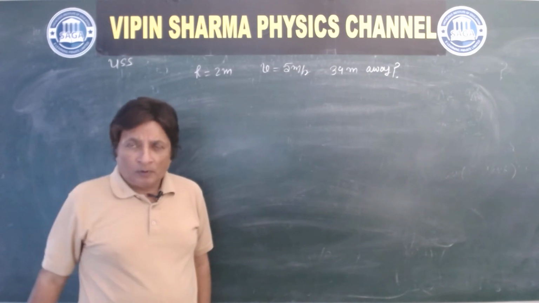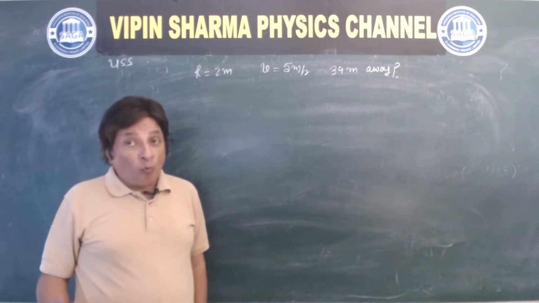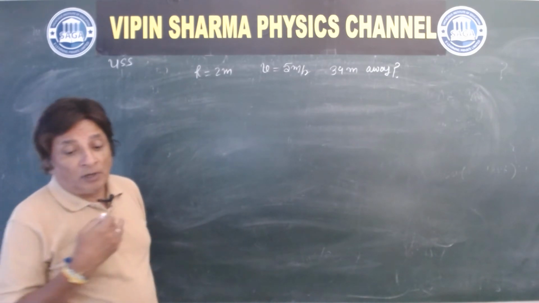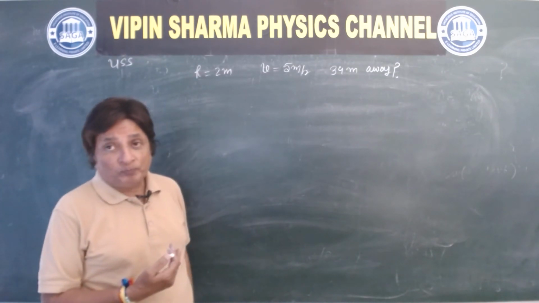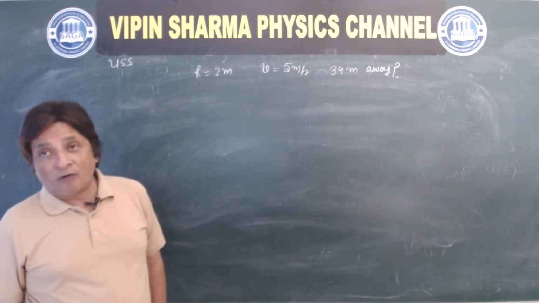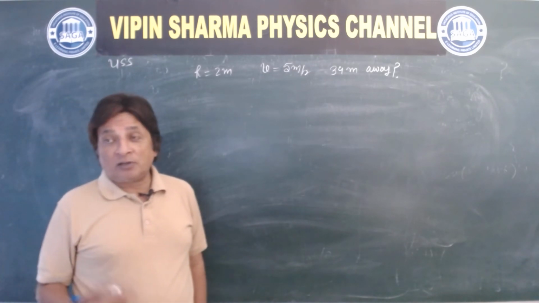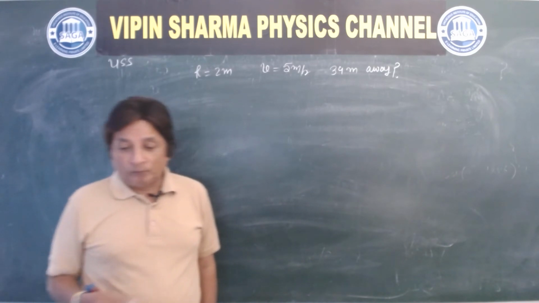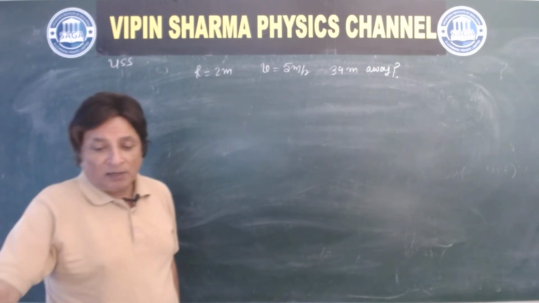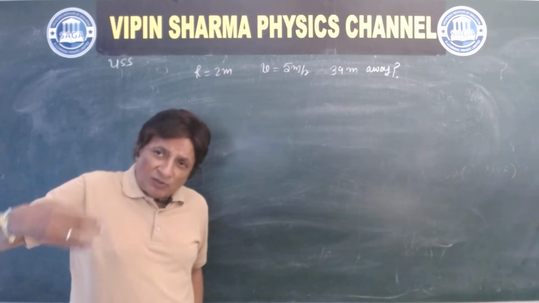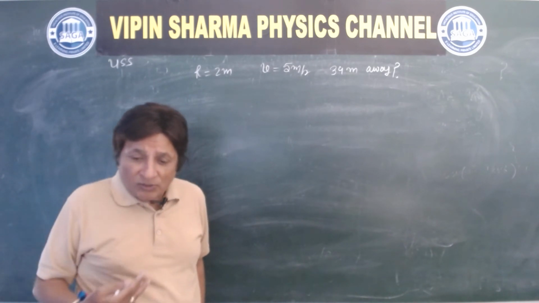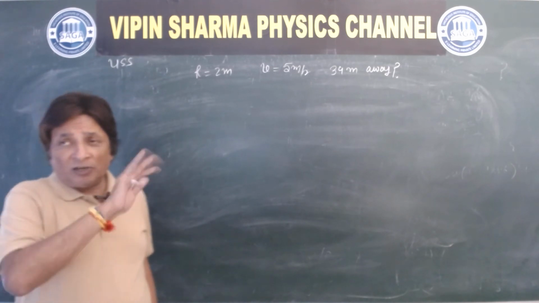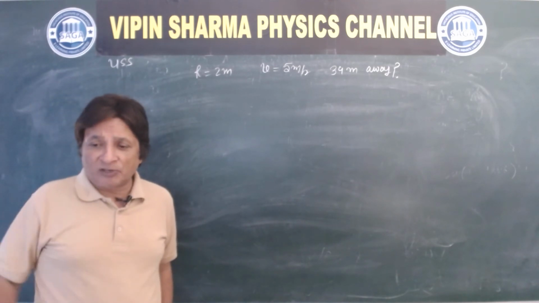What will be the shift in the position of the image when the jogger is 39 meter away? Hope the statement is clear.